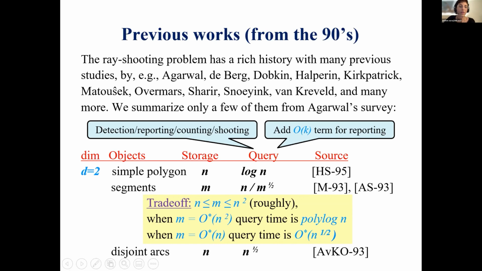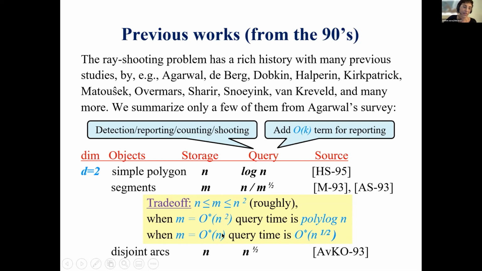This trade-off bound means that for any value m of the storage, which is roughly between n and n squared, we get a different bound. The more we invest in the storage, the faster query we obtain. If the storage complexity is about n squared, the query time is polylogarithmic.